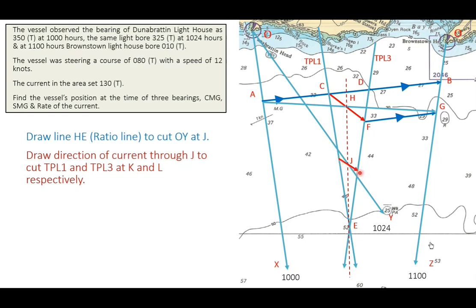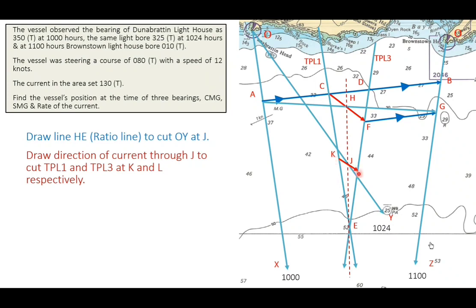Now this line which we have drawn is intersecting TPL1 and TPL3 at two specific points. So let's identify these points also. The point where it touches TPL1, let's name that as K. So you can see the K point, Kilo point, on the plot.